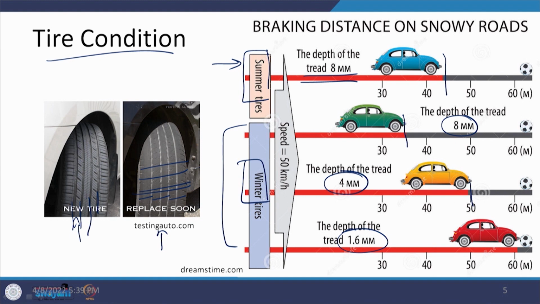And when it has reduced even further, to less than half of the previous value, we found that it has now gone to a much higher value of 60 meters.